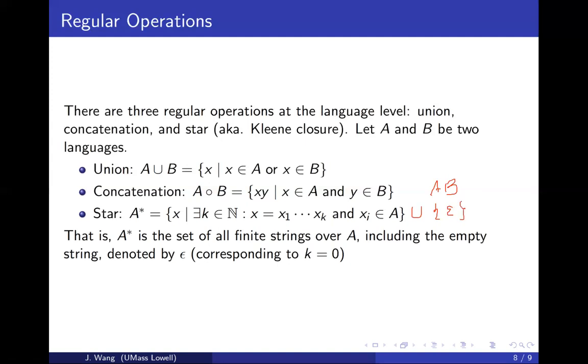So A star is a set of all finite strings over A, including the empty string, which corresponds to K equals 0. If K is 0, that means the length of X is 0, and of course, it can only be an empty string.